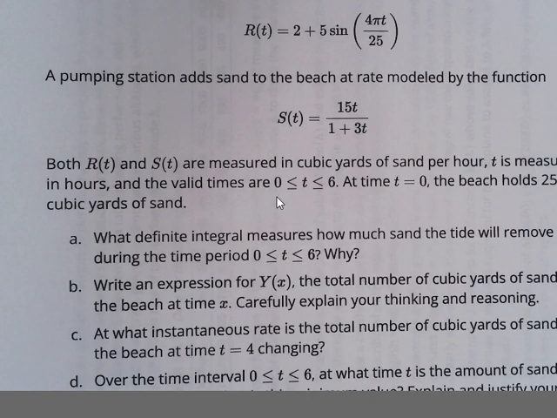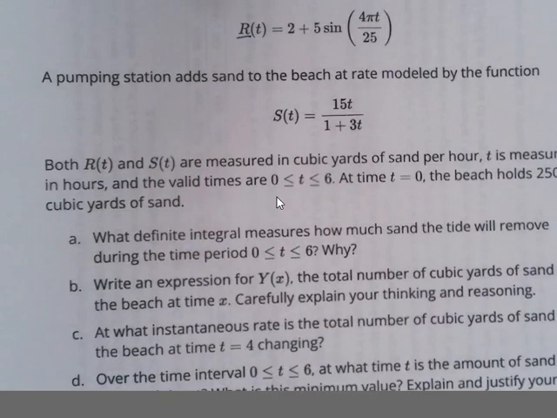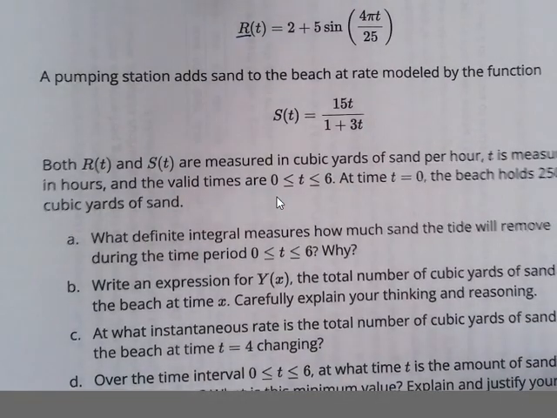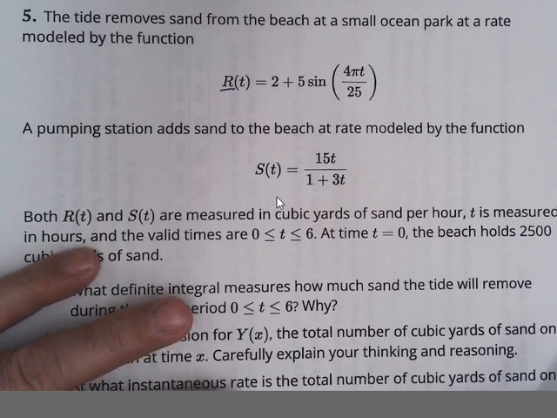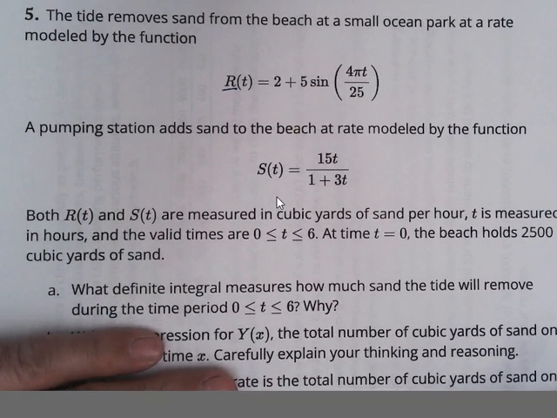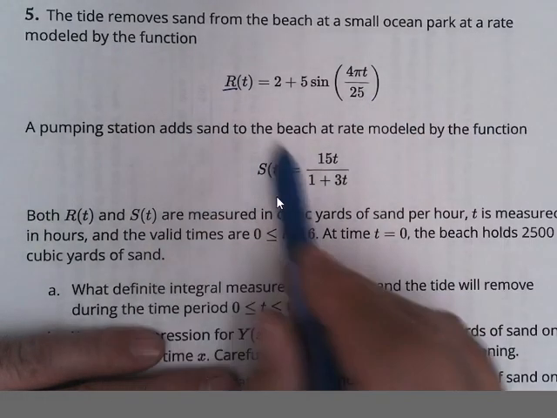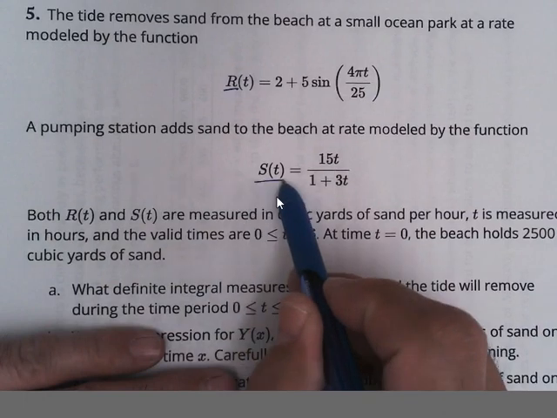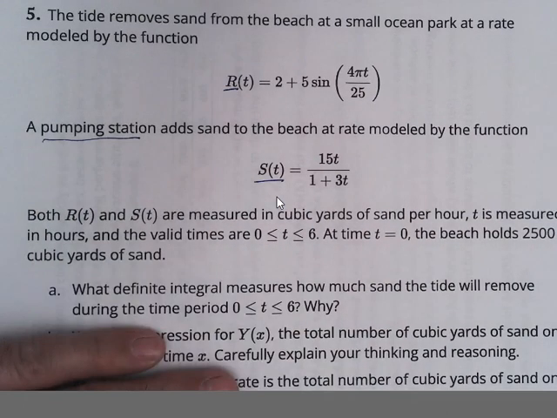Number 5 says tide is removing sand at some sort of rate, and this happens on beaches. I did a lot of beach hiking, and there's times when the tide just completely removes all the sand from a beach if you're on the ocean beach, and then another tide or different action will bring it back. This happens to be a beach where people are trying to put sand back on the beach.